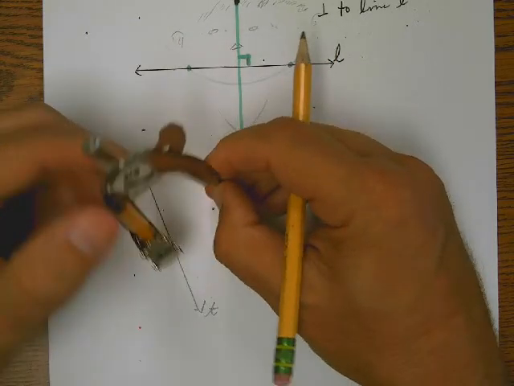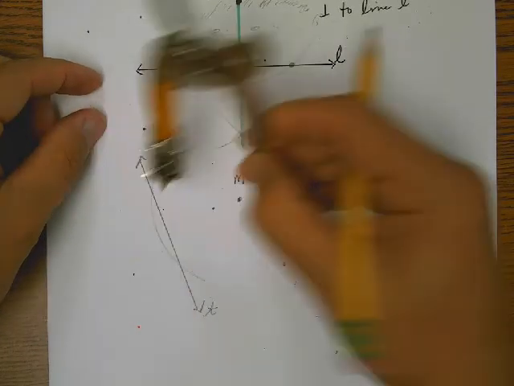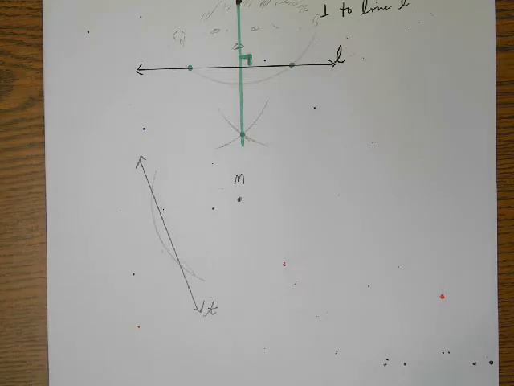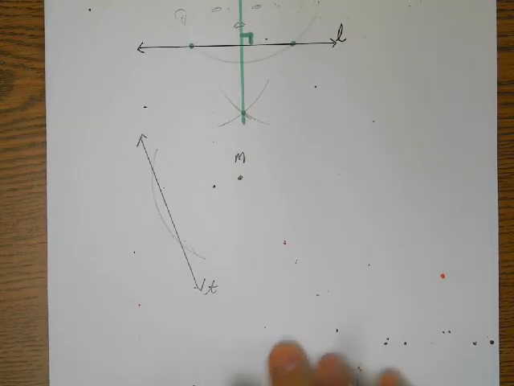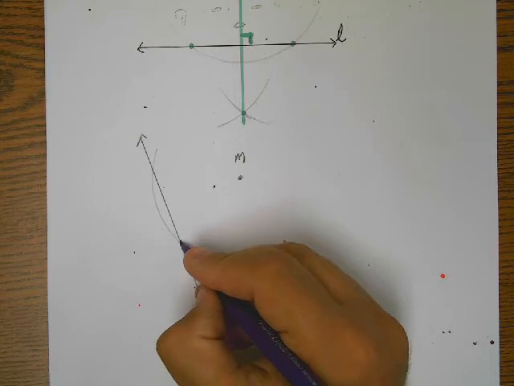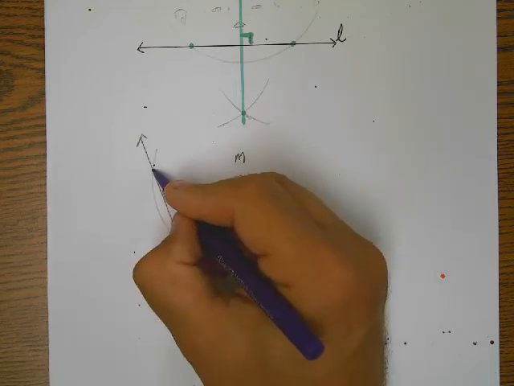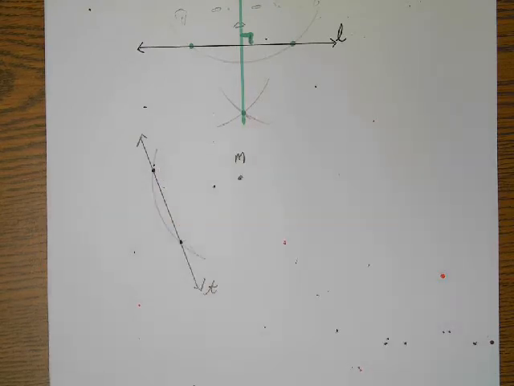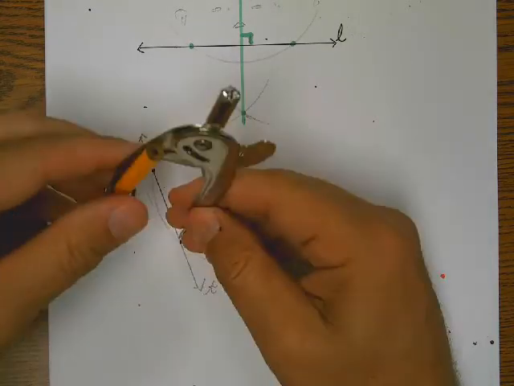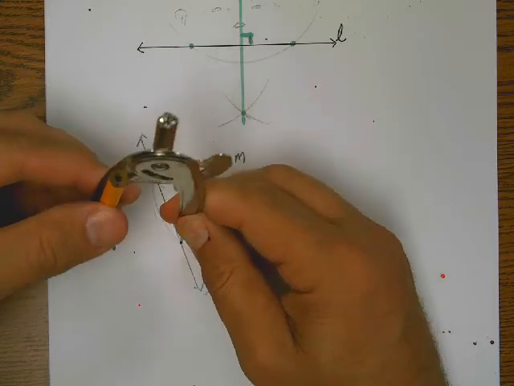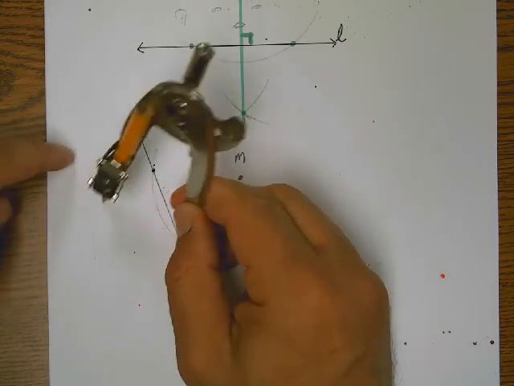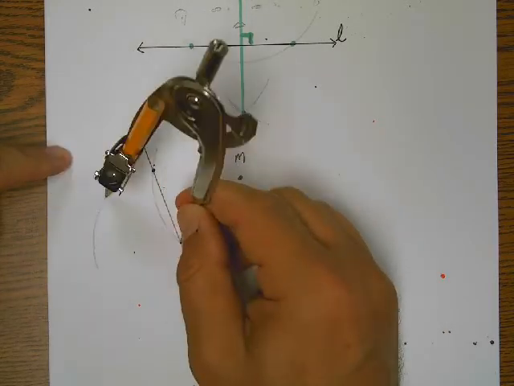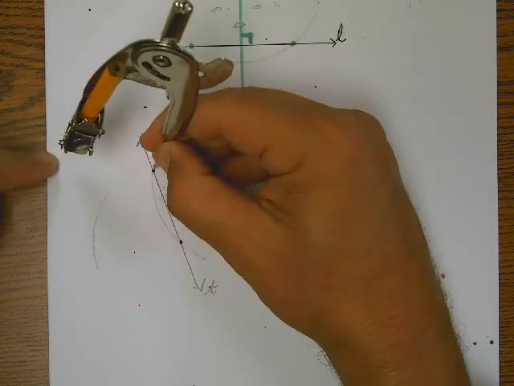Make sure it's wide enough to get it in two spots. Let me highlight those 2 points. Go from those 2 points and get another point of intersection out here, below or to the left. Don't let your compass move on you.